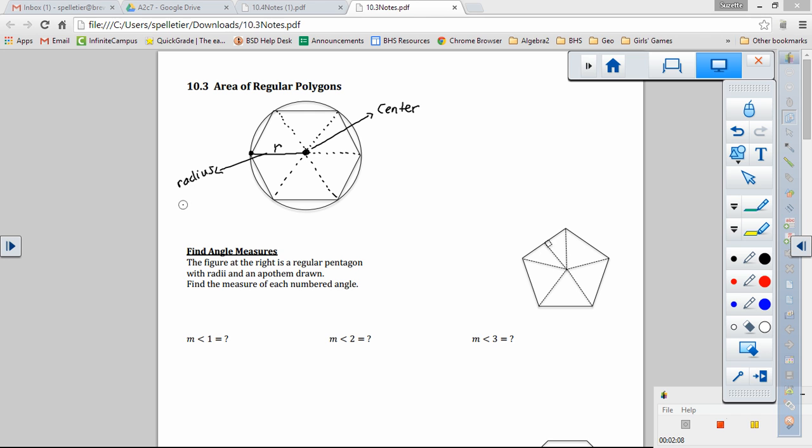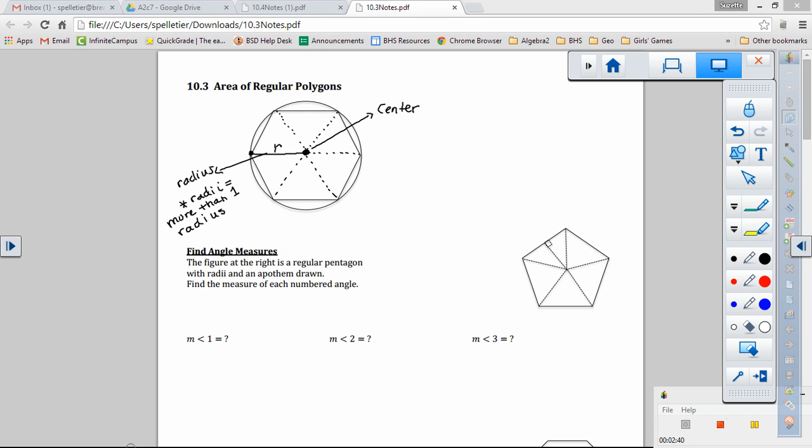If you have more than one radius, though, they are called radii, with two i's. Radii, that's more than one radius. So we want to make sure we sound all fancy when we talk and say these words properly, and that we're all talking about the same things.